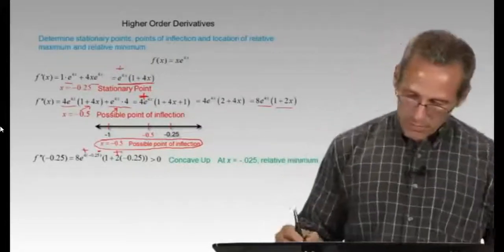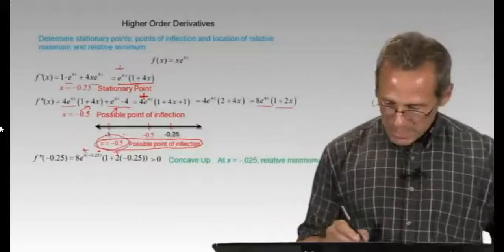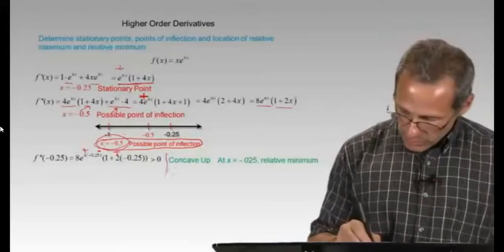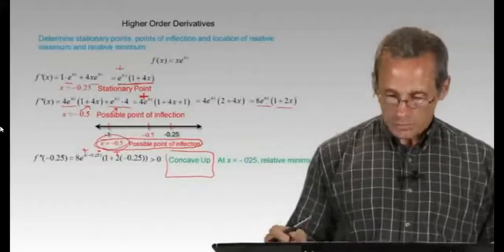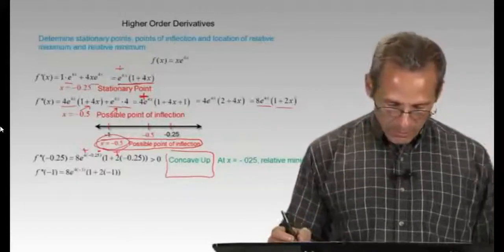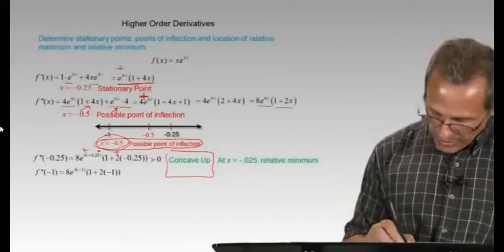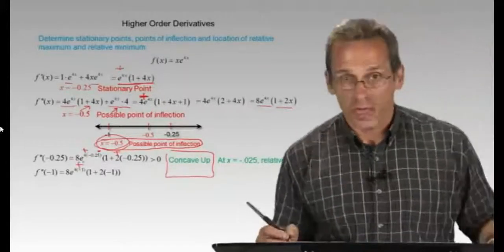Now, left of this possible point of inflection, I must have, in this box here, concave down. Let's see. We evaluate it at negative 1. 8 times e to the negative 4 is positive. 8 times e to any number is positive.